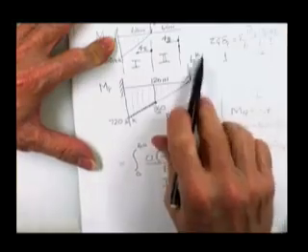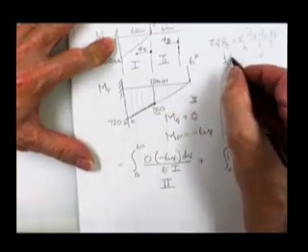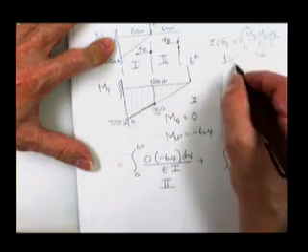This is 1 times, your sum of the q, times the deflection at the point of interest.